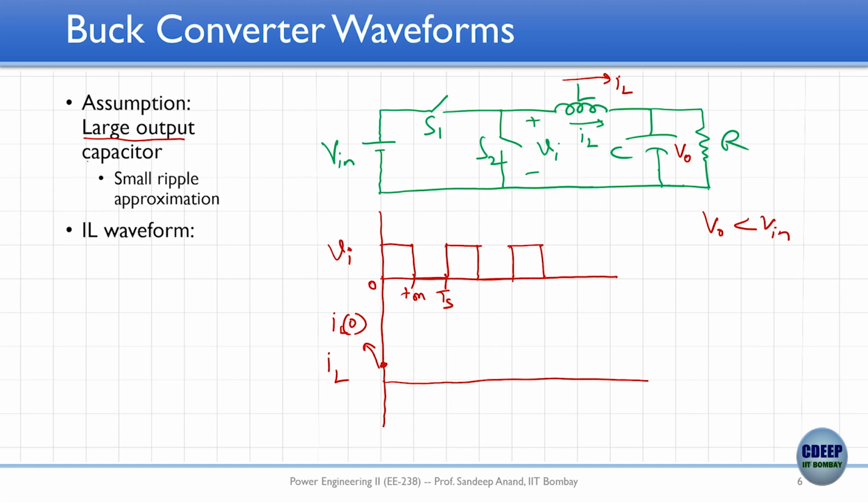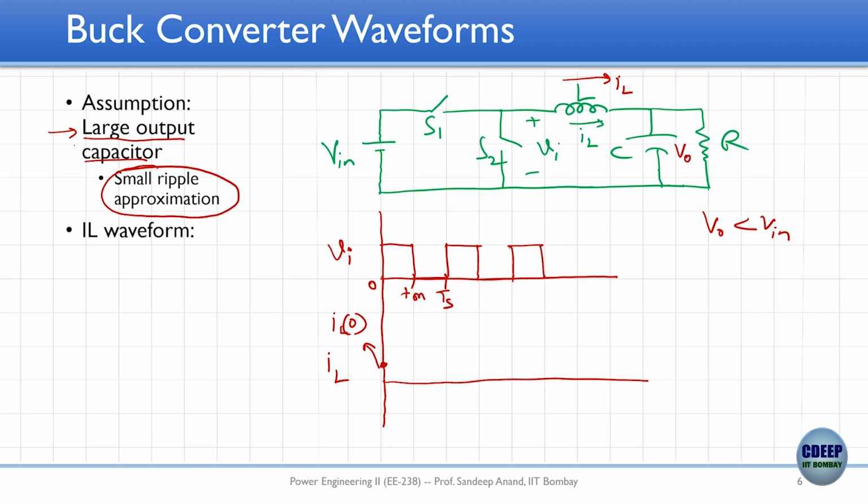and the assumption here is that you have a large output capacitor. This is an assumption which we generally take in some of the circuits, and there is another name for it, we call it small ripple approximation. The name tells you why we take this assumption, because the output of this will go to the battery, maybe, or your processor chip, and you cannot afford to have large ripple there.